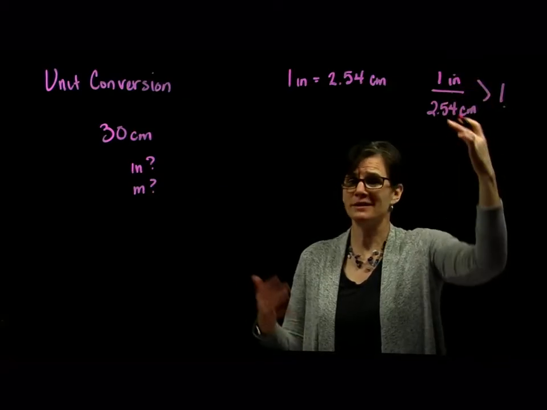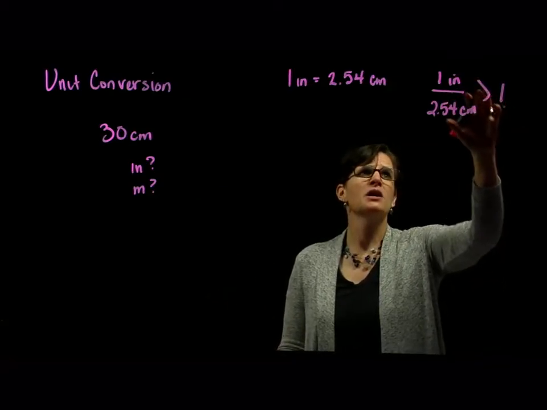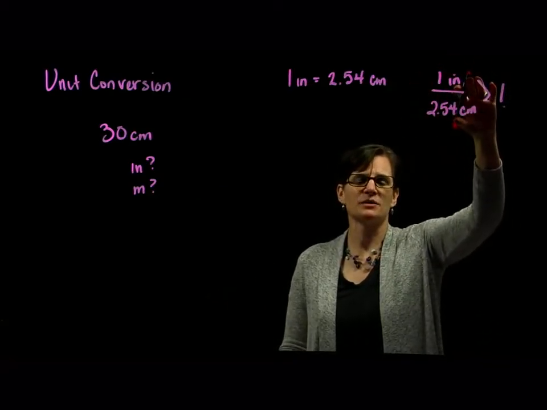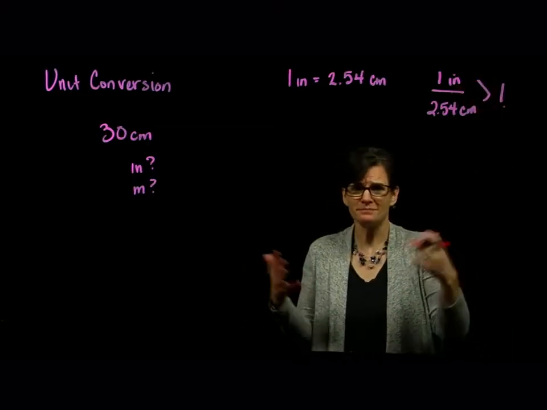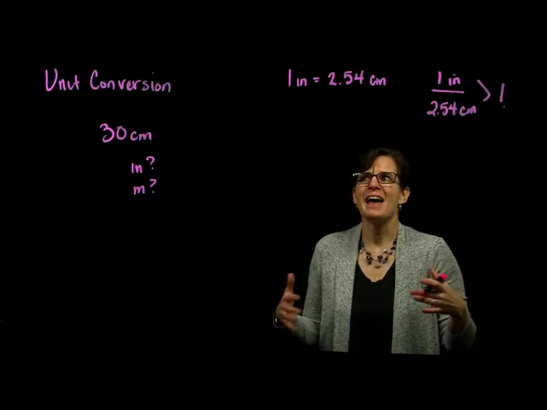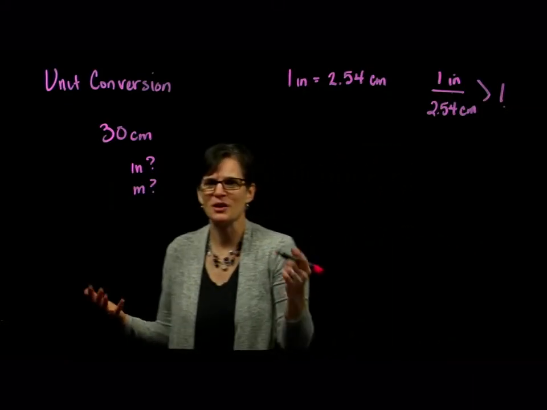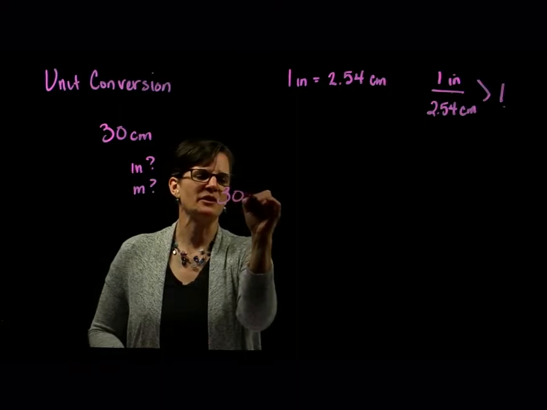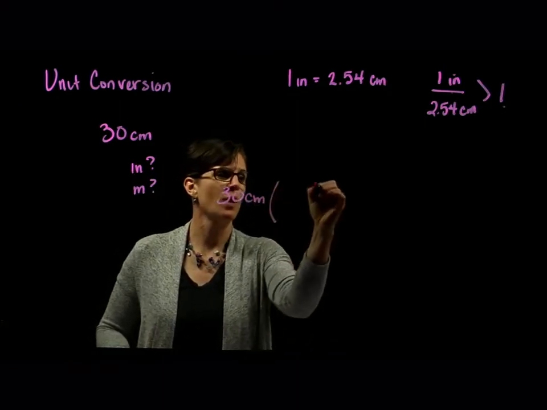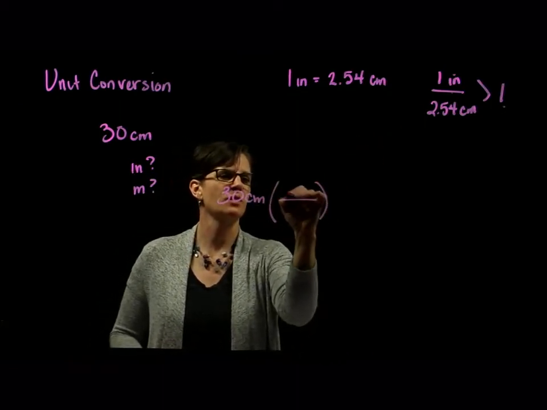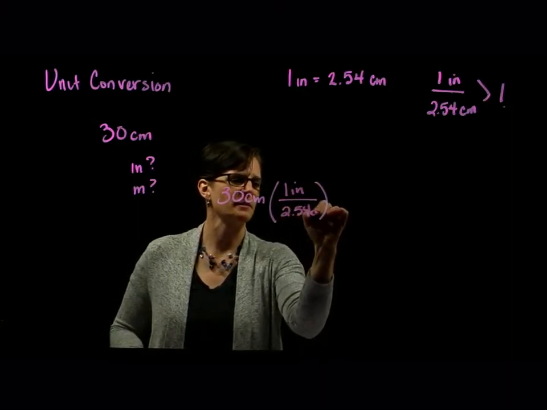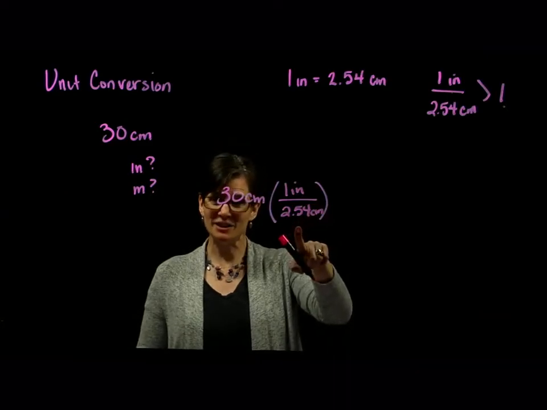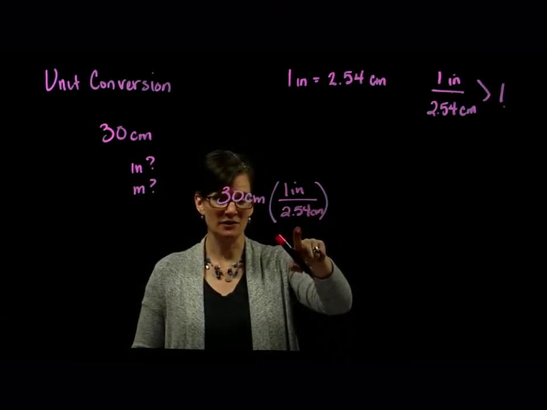When I divide two identical quantities, I get 1. So multiplying anything by this ratio also gives me 1. It doesn't change anything about it. And that's how I can do my unit conversion. So 30 centimeters times 1, where my 1 is 1 inch over 2.54 centimeters. There is 1 inch in 2.54 centimeters.